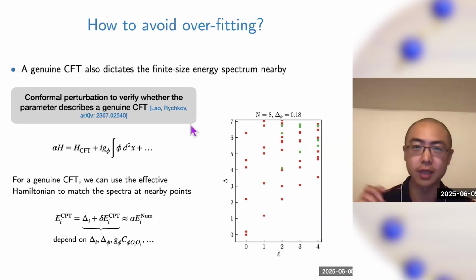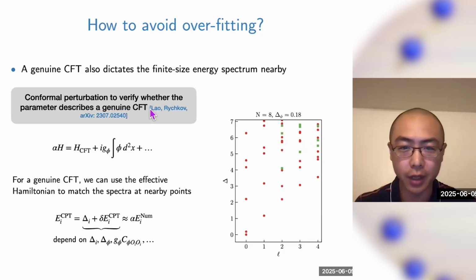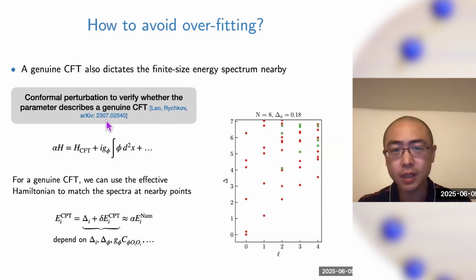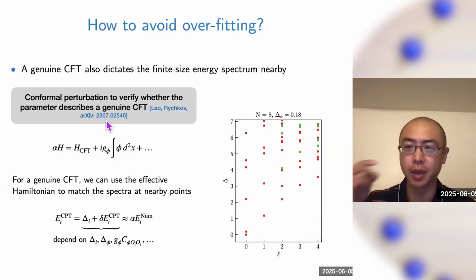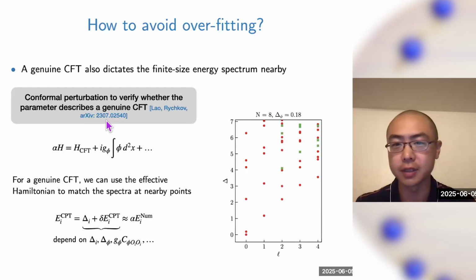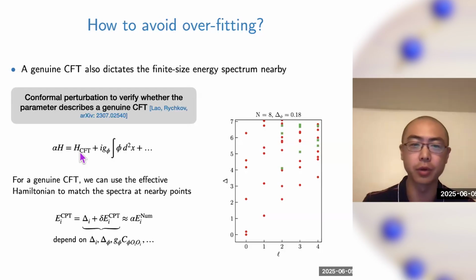So we have to test. And our idea here, we follow the idea of this paper that a genuine CFT is not about a single critical point, but it should also dictate the finite size energy spectrums nearby. So basically, if the system is a CFT, then we tune it a little bit away from the critical point.